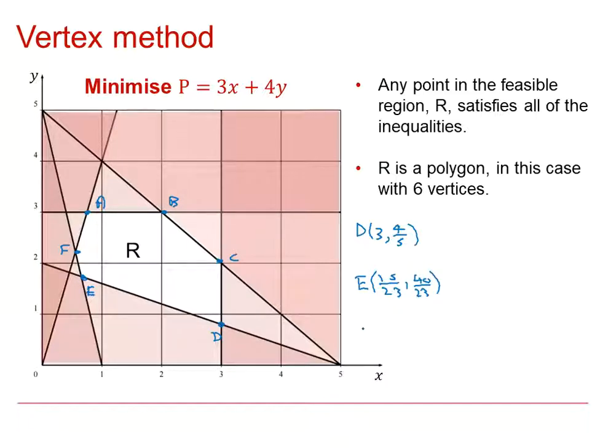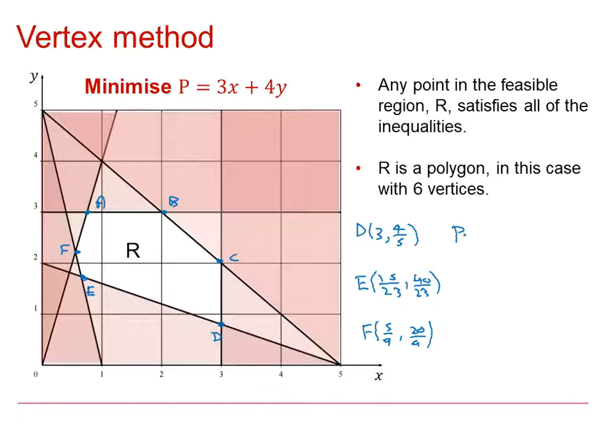And then F, likewise, I'd need to solve these two constraints together simultaneously to work out where F is. If you're not absolutely sure where the coordinates are from the graph, you will need to solve simultaneous equations. F is (5/9, 20/9). Remember, we're trying to minimize P this time.